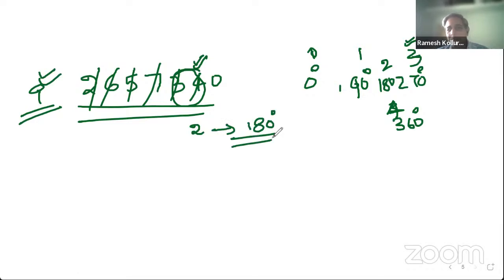Is that clear? Yes, sir. According to the remainder, we need to find which angle it is. This is just my observation only, but I have to express it in words, right? If a big number is given and I ask you to find the angle for it, it is very difficult, right? Without knowing this technique, it is very difficult.